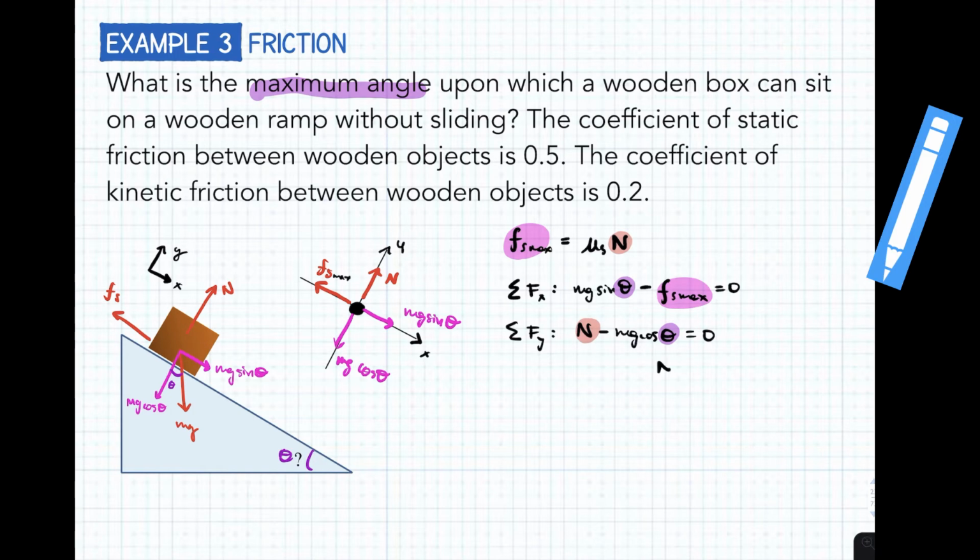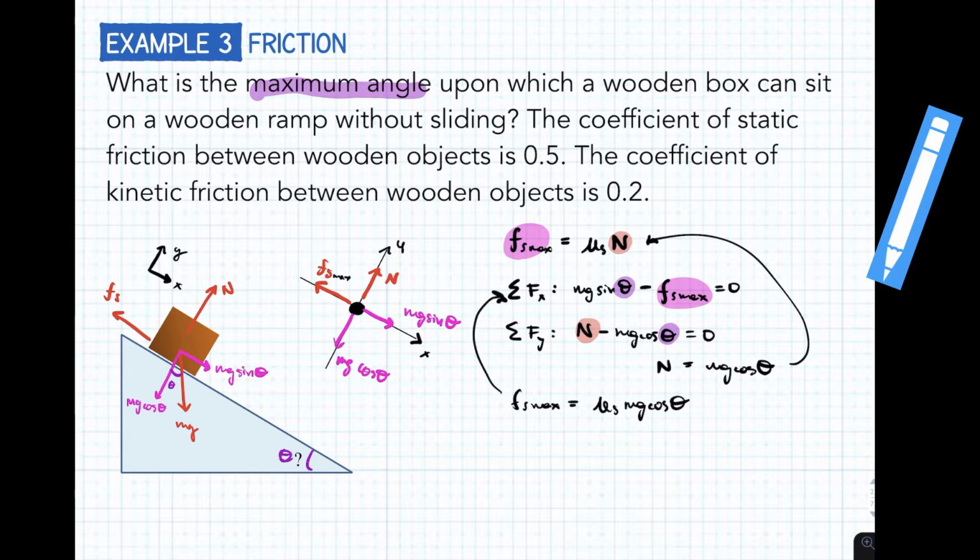We know from this equation that n equals mg cosine theta, so we can plug that in up here. So we know that Fs max is equal to mu s mg cosine theta, and that needs to be plugged into this equation here.